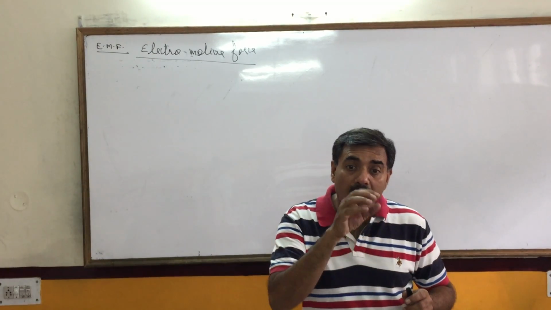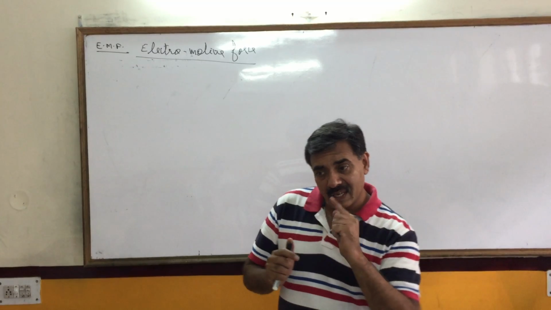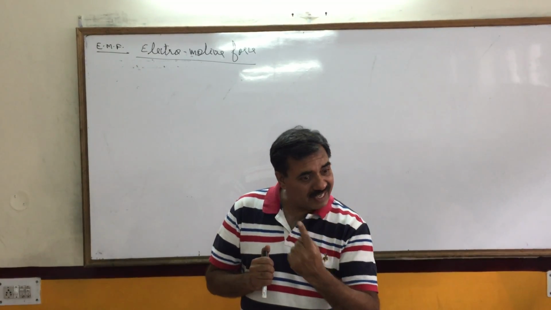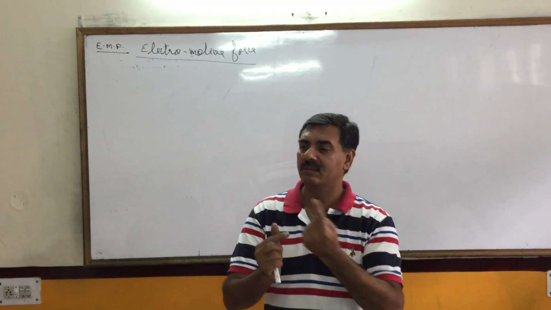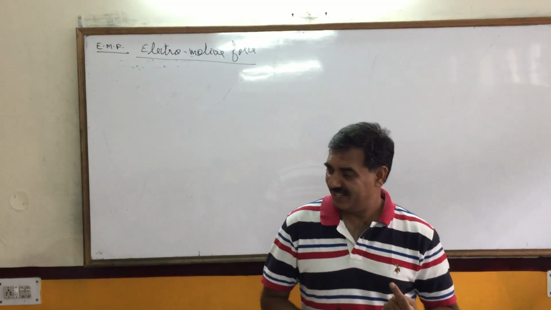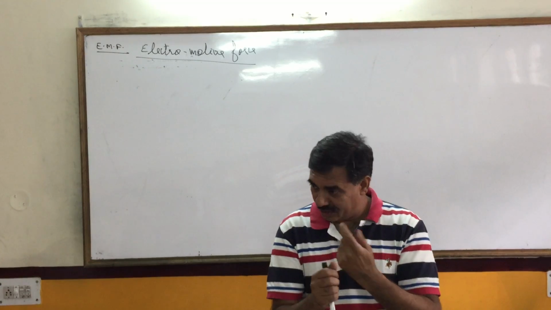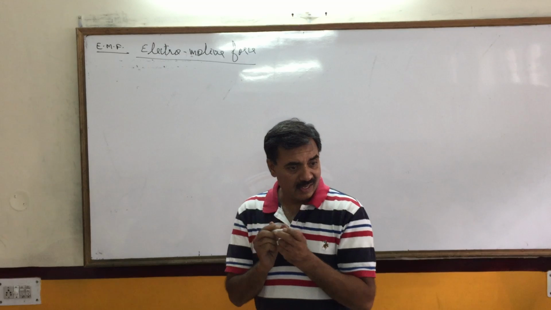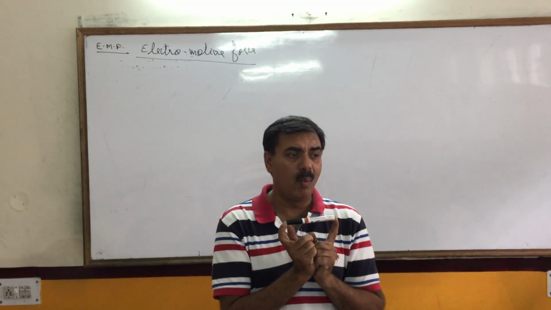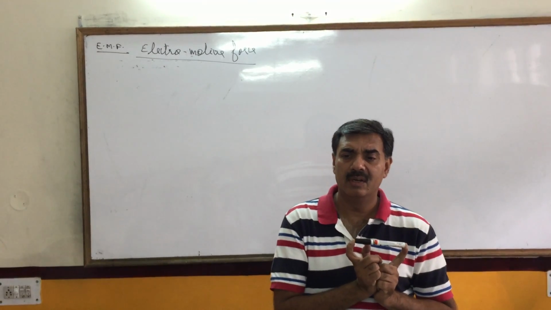It is a carbon electrode, and it has a container made of zinc. If you remove the covering, the zinc shows underneath. One end is at a higher potential, one end is at a lower potential.